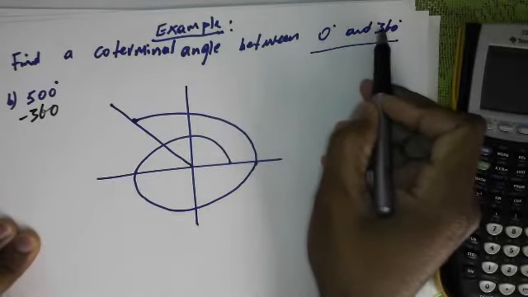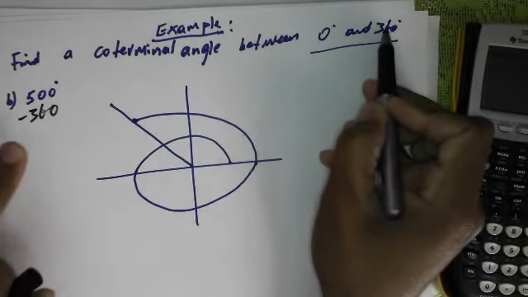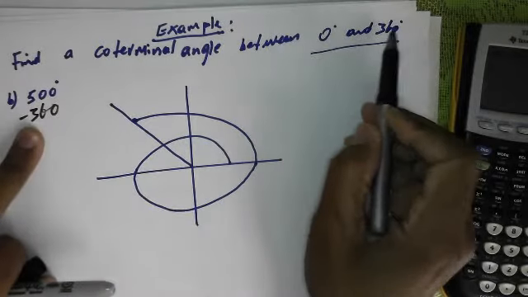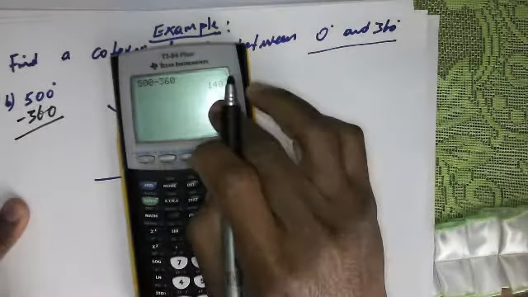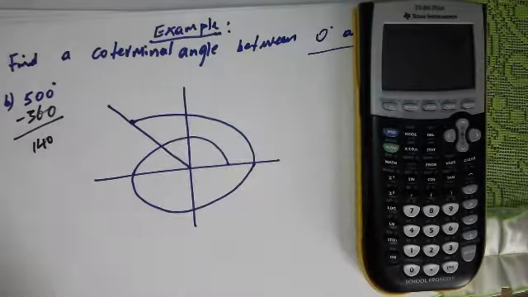Once the angle is more than 360, to find my coterminal angle within this domain, I will subtract 360 from it. I realize that 500 is more than 360, so I subtract 360 from it, and I get my 140, which is the additional piece I needed to come from here to here.